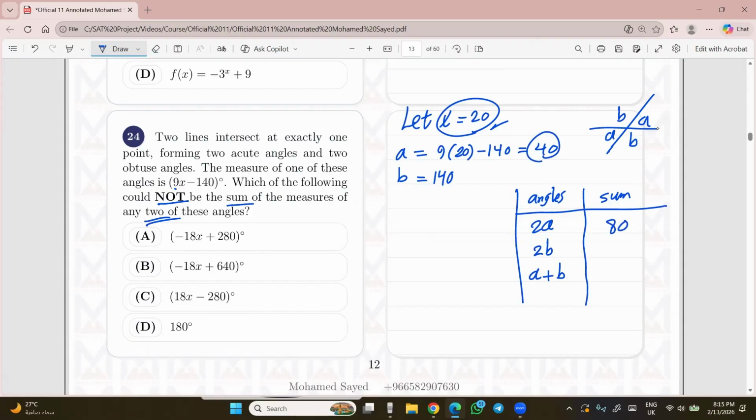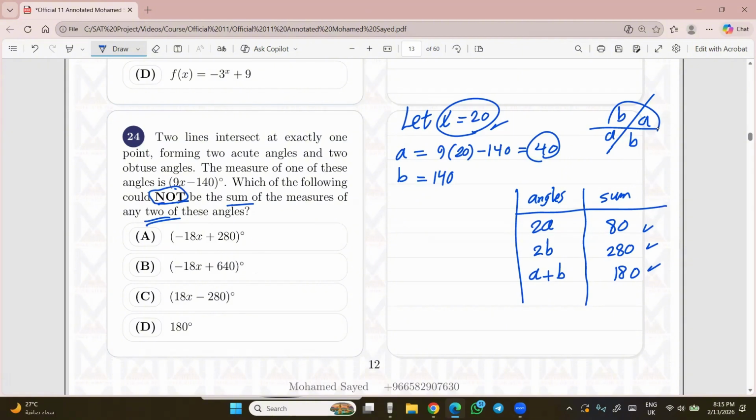So 80 is something we can use. 2B is 2 times 140, which is equal to 280. We can use this number. A plus B, of course, is 180, as we mentioned before. No need to substitute. So any of these is correct, but we need the incorrect one, the one that is not correct.